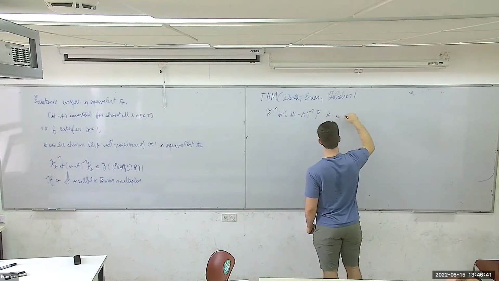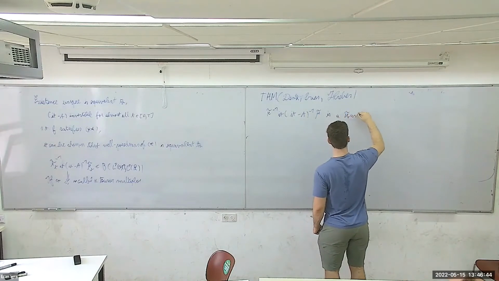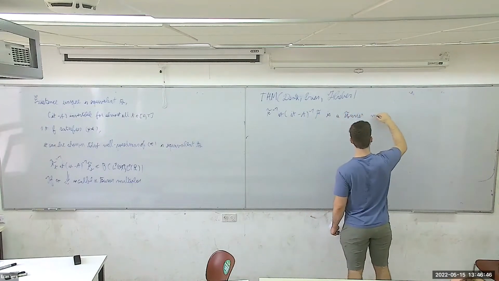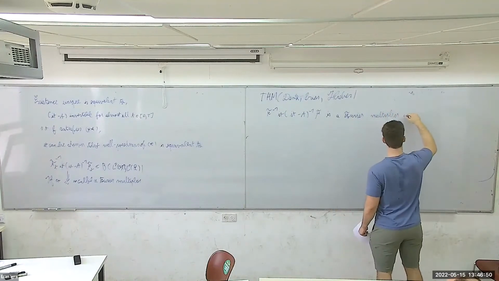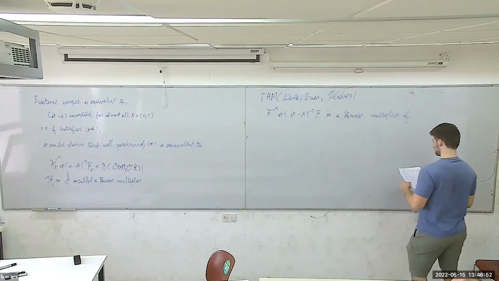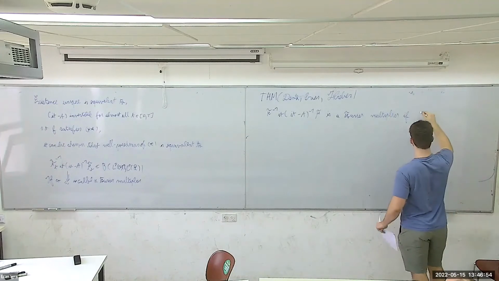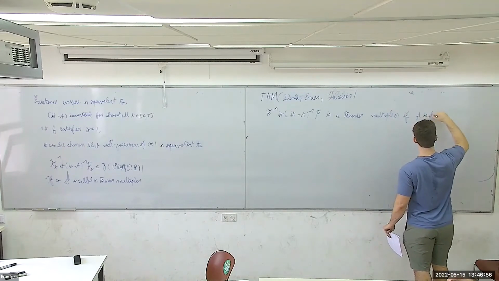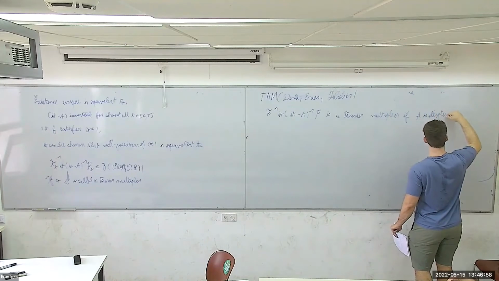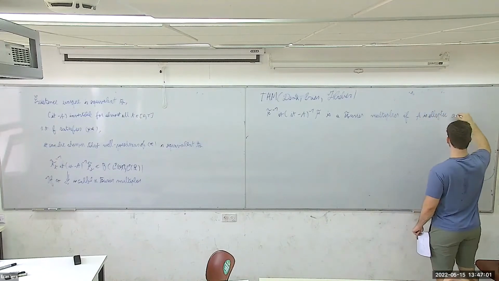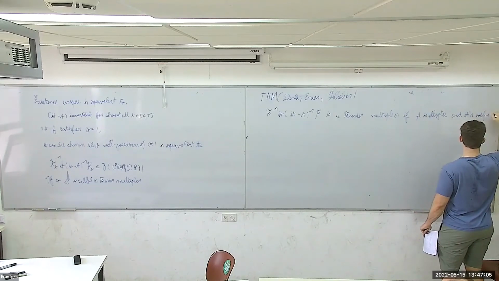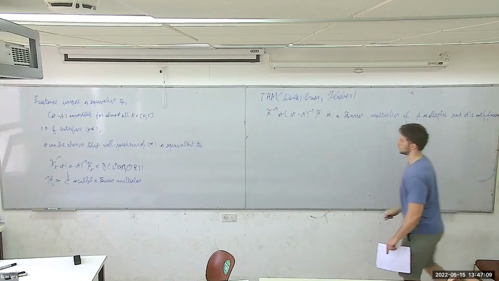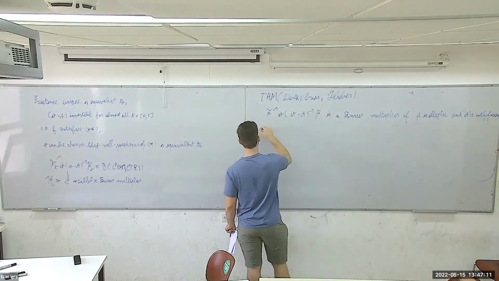It is a Fourier multiplier if A is elliptic, and its coefficients are sufficiently smooth.